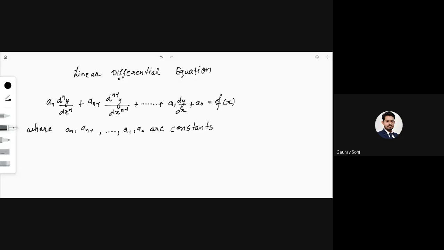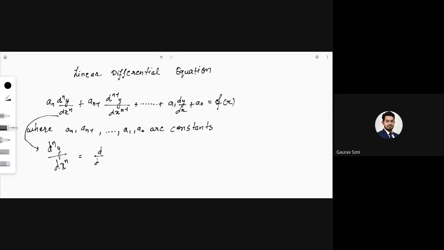What is the order of your differential equation? What do you mean by an order of a differential equation? How many times you take a derivative. Like in this term, if you see, what do you have? d raised to n y by dx raised to n. What do I mean by this? This is n derivatives of y.